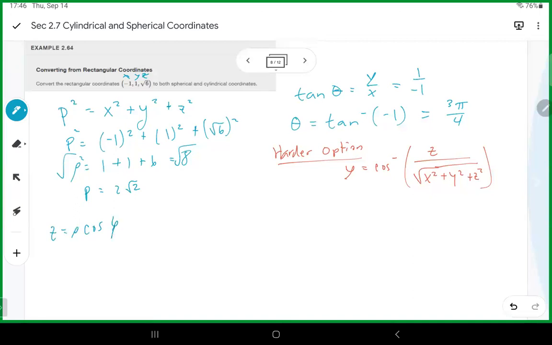If you guys have found a cool, neat way to write that, I applaud you. I feel like I write it differently every time, so hopefully you guys know what I mean. So let's plug that in. We know that z is equal to square root of 6, and then we just found 2 square root of 2.